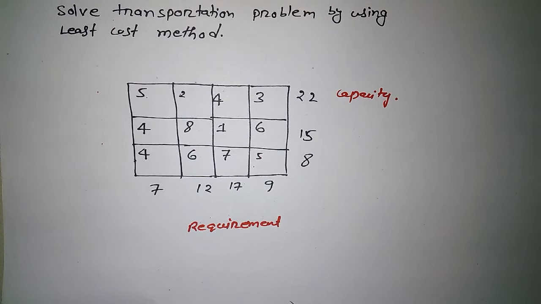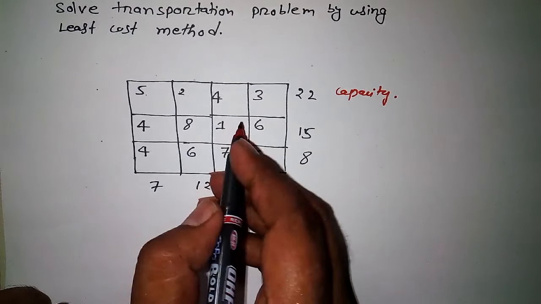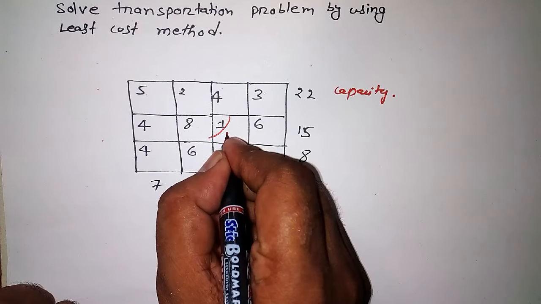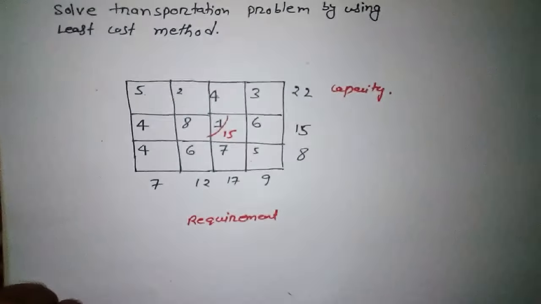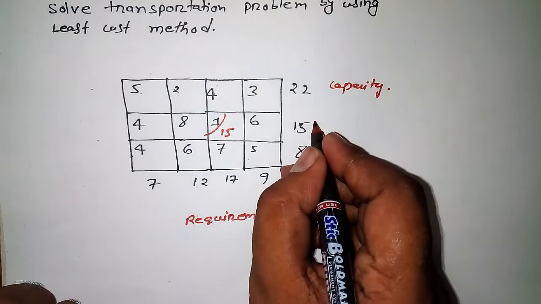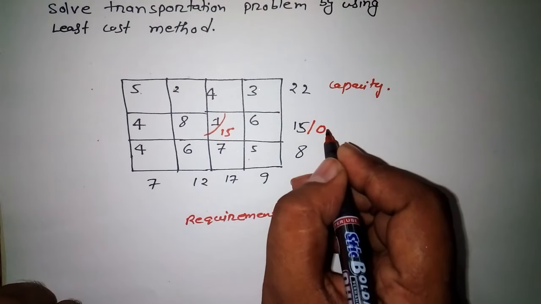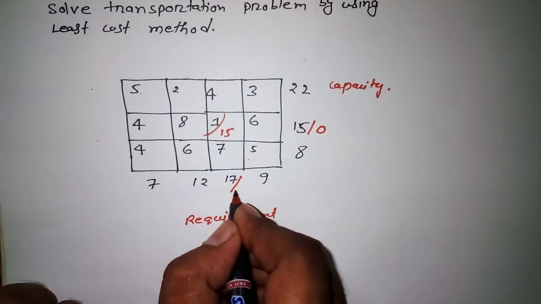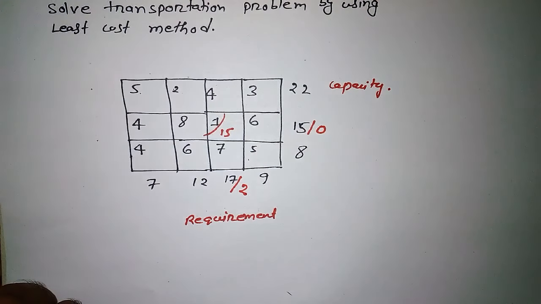We are having demand 17 but capacity only 15, so we cannot fulfill the whole demand, and we can give maximum 15 in this case. Then the capacity will remain 0, and the demand will remain 2. I hope you understand this.